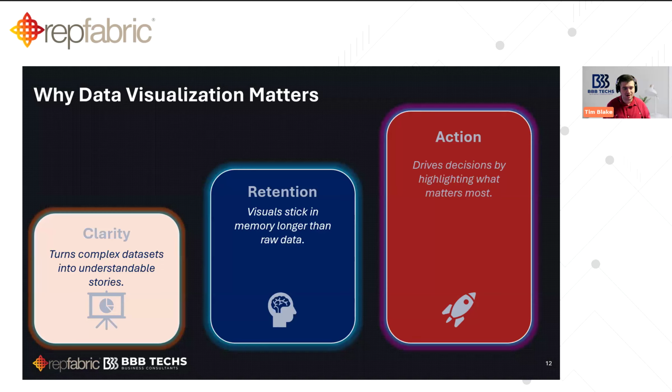After you have clarity, after you've retained that information better using visuals, action is a key part of data visualization. When data is clear and easy to understand, people often act on it quicker. This means providing value and influencing strategy. So the real power of data visualization is that it doesn't just make information easier to see, it makes it easier to remember and, more importantly, easier to use.